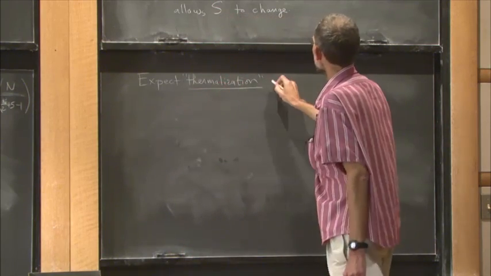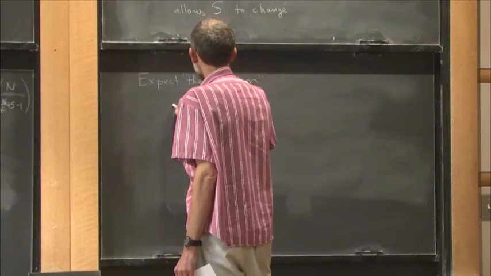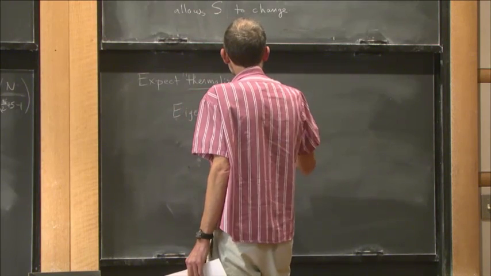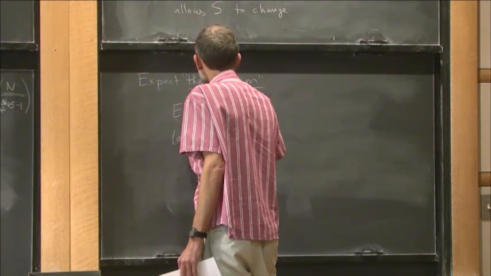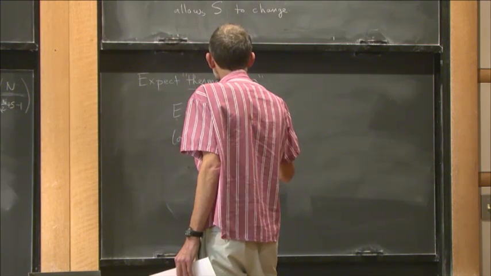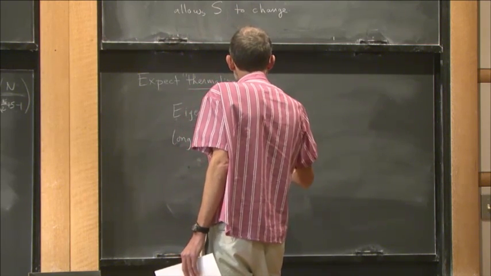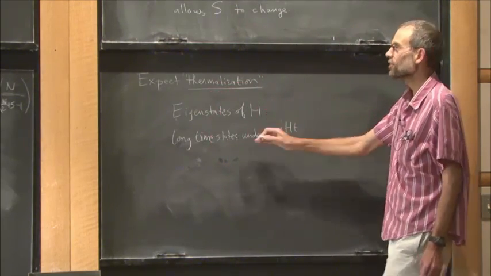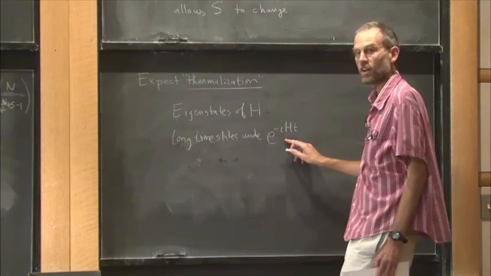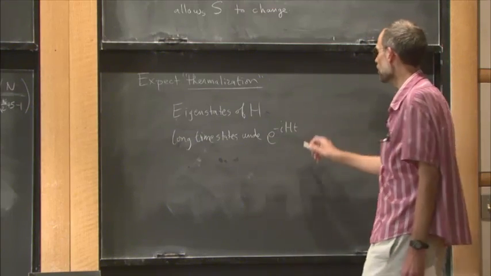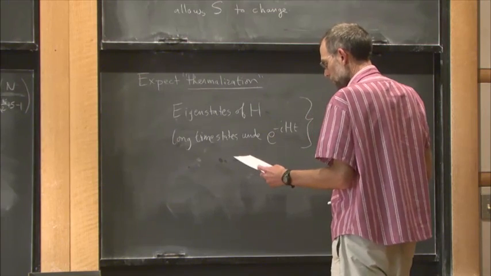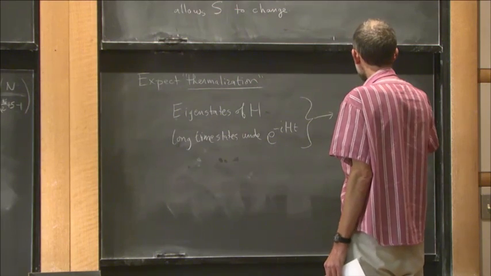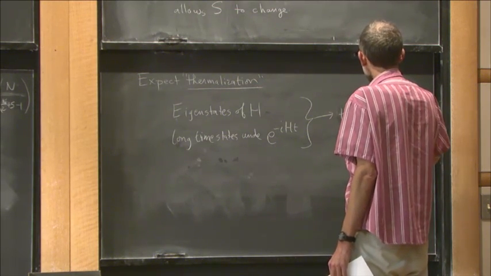What I mean in this context by thermalization is that the eigenstates of H and the long time states under e to the minus iHt, so either an eigenstate of H, or start with a non-eigenstate and run to long time under the unitary time evolution, go to thermal equilibrium.